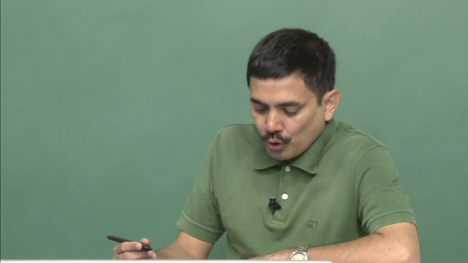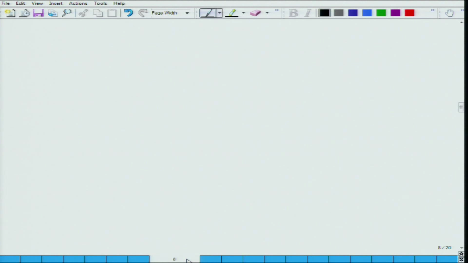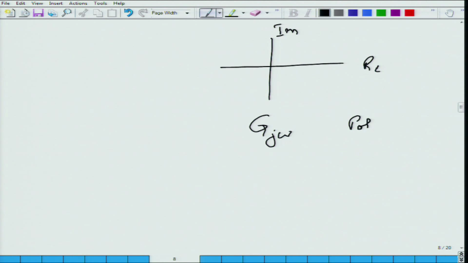Yeah. So, what we are saying is that if you have the G plane, that means you are plotting G j omega, the real part and its imaginary part. Okay. This is actually called the polar plot of G j omega, and I will just show that to you.